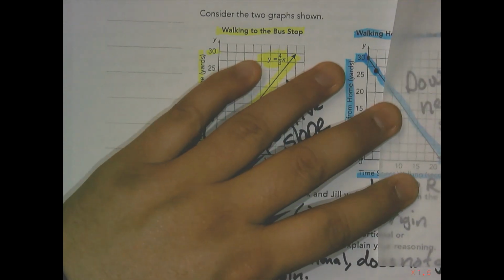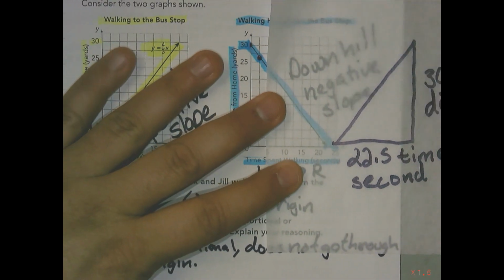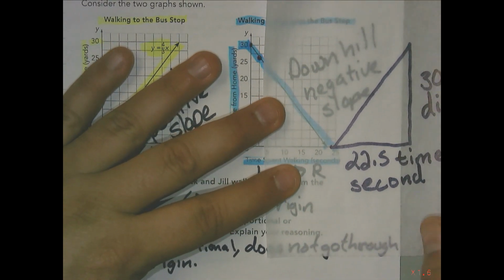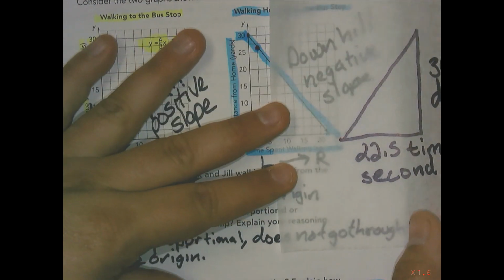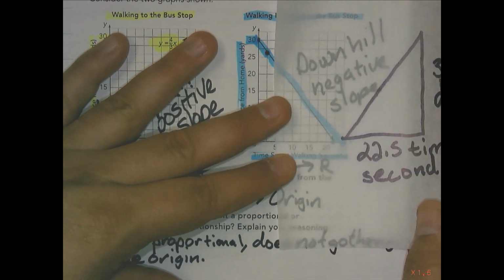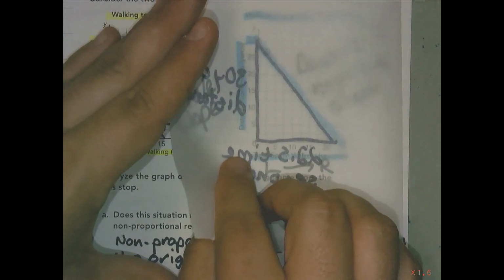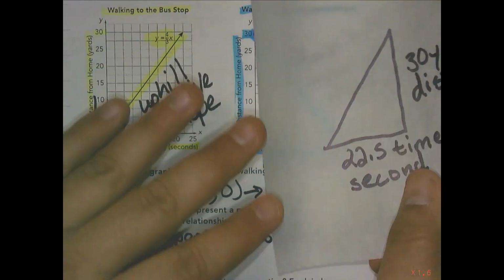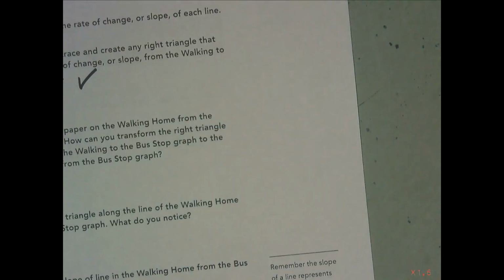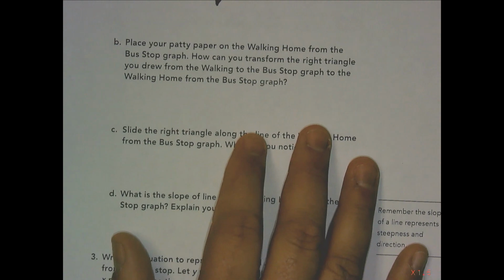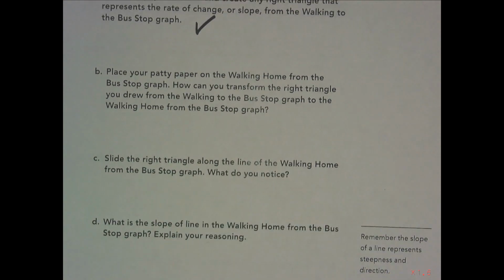So this is the original graph. To get it to map on top of the other one, I had to flip it over like this. That's a geometric thing we're doing. Can anybody remember what that is? Okay, I'm going to give you a couple seconds to think about that. Let me state the question.